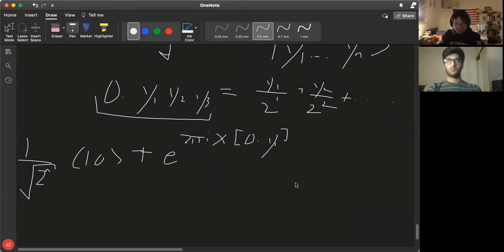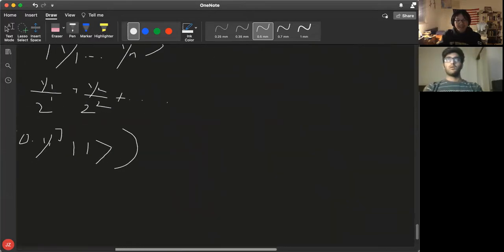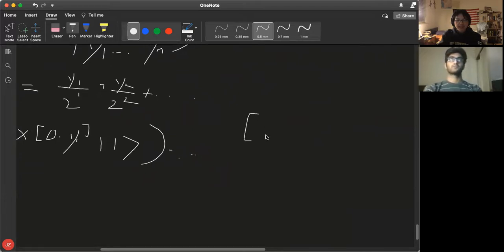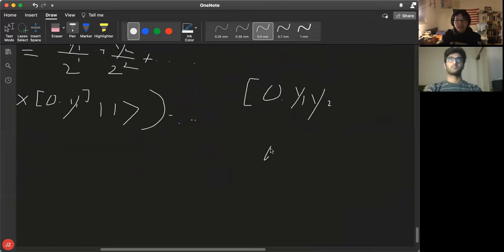And this would just be ket 1. And then for our next term, I really wish I could circle this, copy and paste it, but I'll have to find a better application to do that. But for all the other terms here, it just becomes 0 dot y sub 1, y sub 2, and then 0 dot y sub 1, y sub 2, y sub 3.